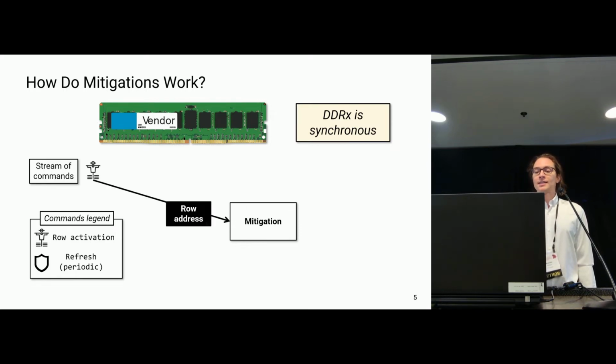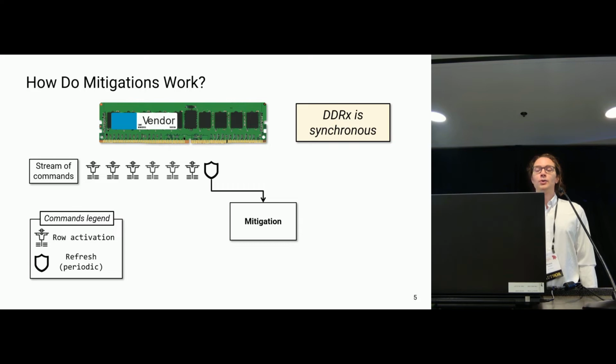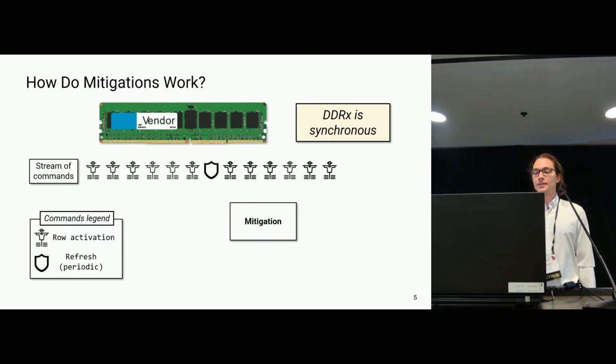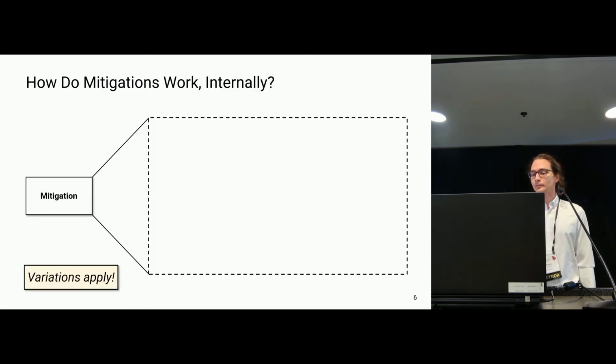So as activation comes, the row address is used by the mitigation somehow, and then eventually, during this refresh operation, the mitigation will do additional work, refreshing rows that it considers to be victims, so under an attack. And this is called target row refresh. And this is repeated over time.